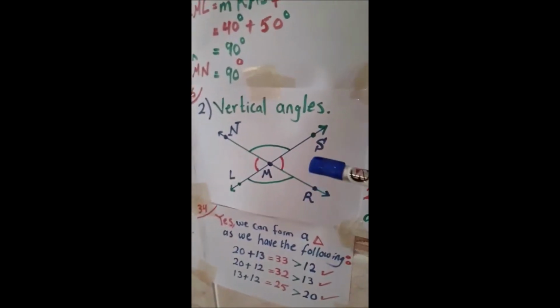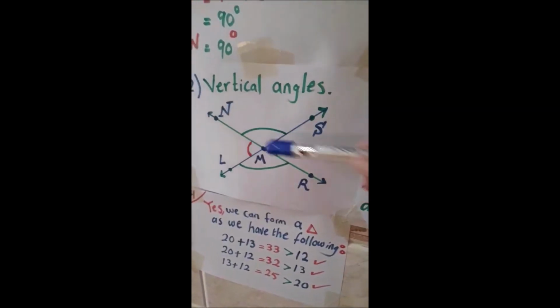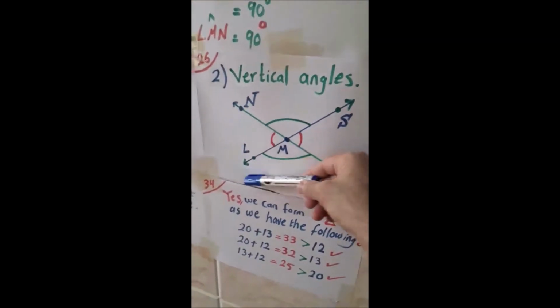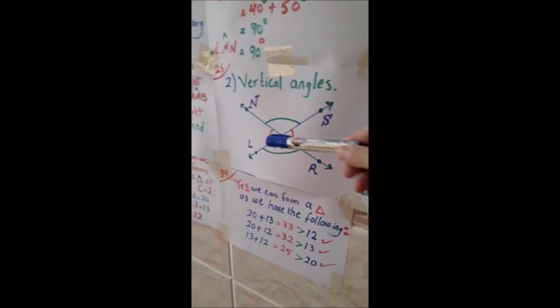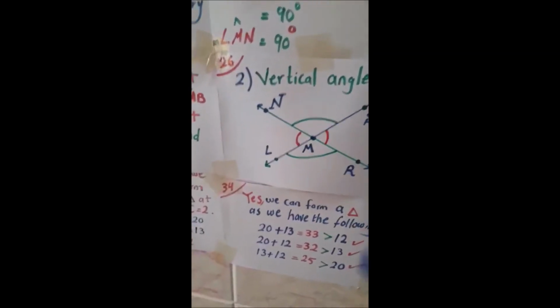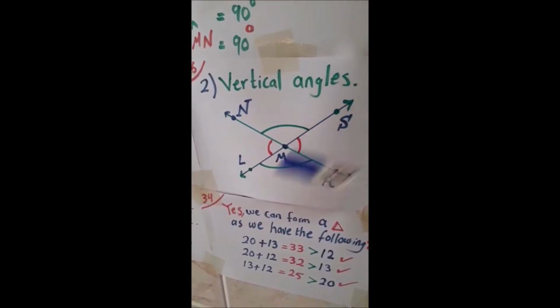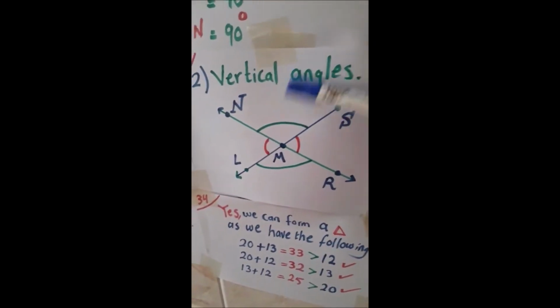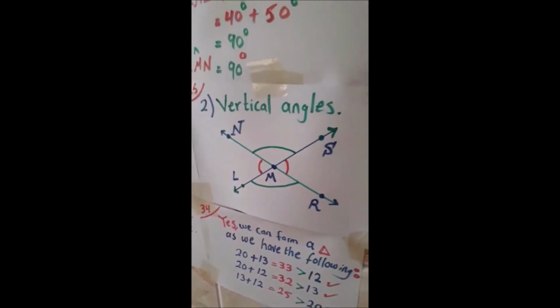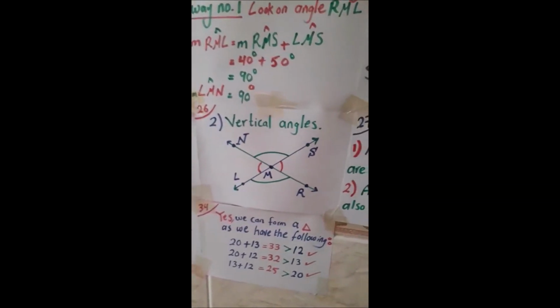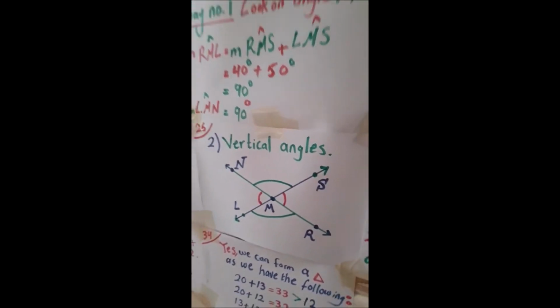The first is SMR and NML, and they are acute. The other is NMS with LMR, and again they are vertical, and they are obtuse angles.